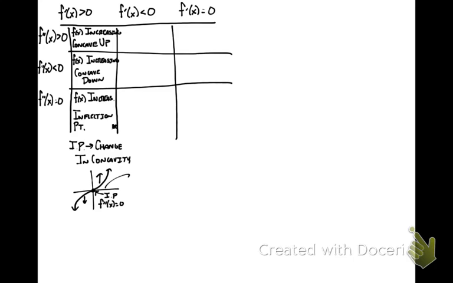Now, when the first derivative is negative, what that always tells us is that the function is decreasing. And when the function is decreasing, but the second derivative is positive, we know that it's concave up.